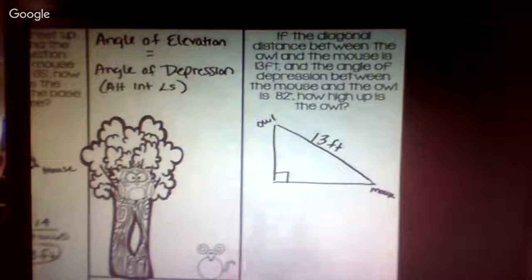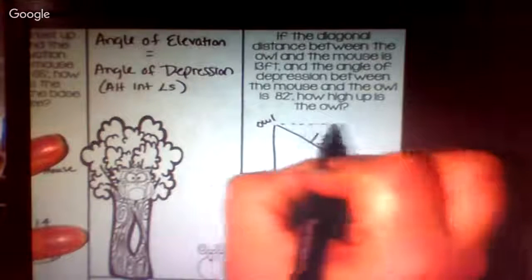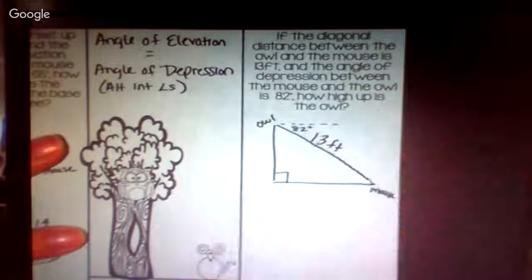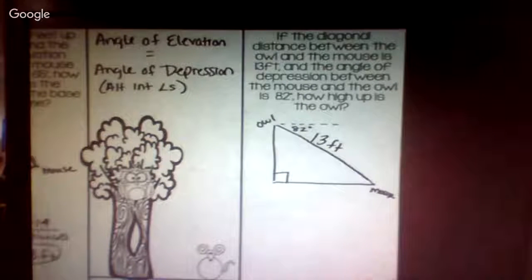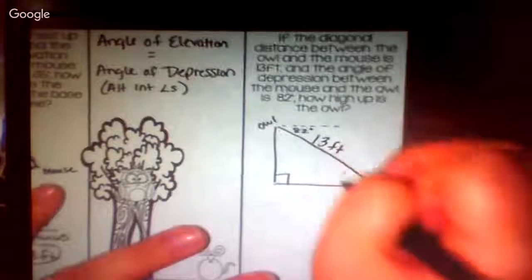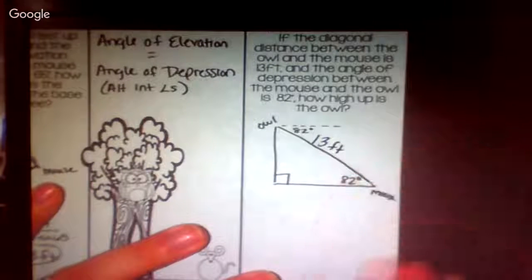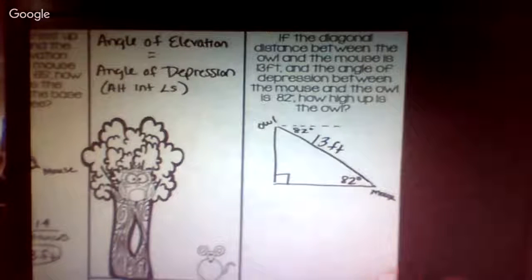It says the angle of depression, so technically that goes here. It doesn't go inside the triangle. So it can also go in the bottom right. Remember, the angle of elevation and the angle of depression are the same. They're alternate interior. One's on the right-hand side of the transversal, one's on the left.